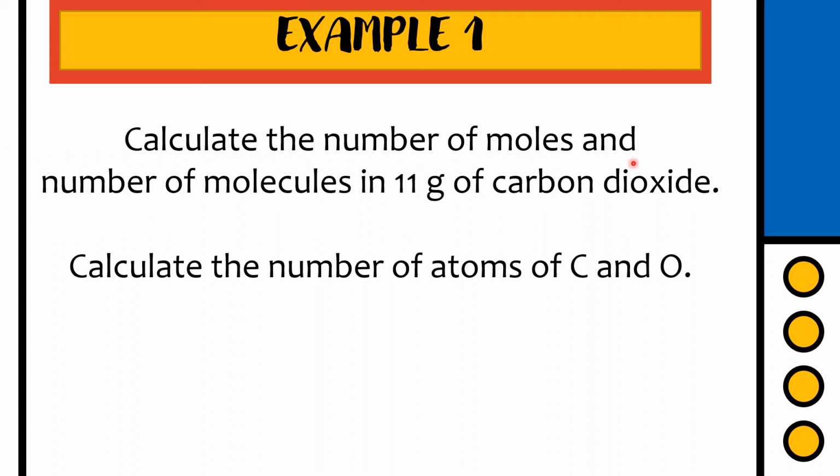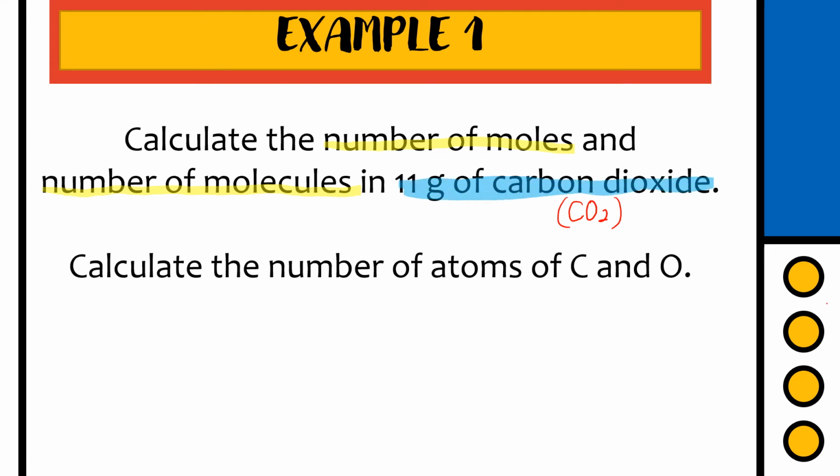Calculate the number of moles and number of molecules in 11 gram of carbon dioxide. Okay, I write its formula here. Carbon dioxide, something you are familiar with, is CO2. The first part, we need to find the number of mole and also the number of molecules. Moles and molecules are two different things. We want to find their values in 11 gram carbon dioxide.